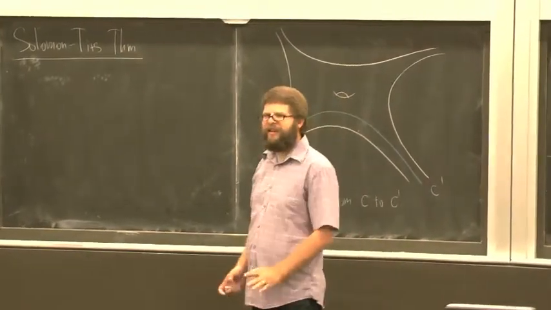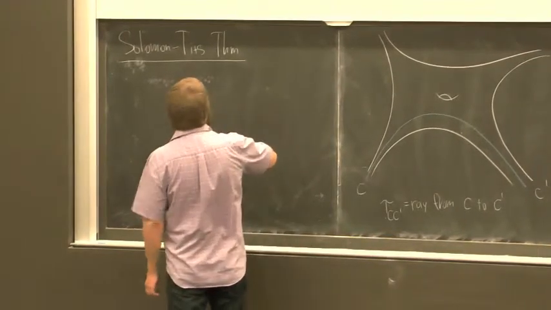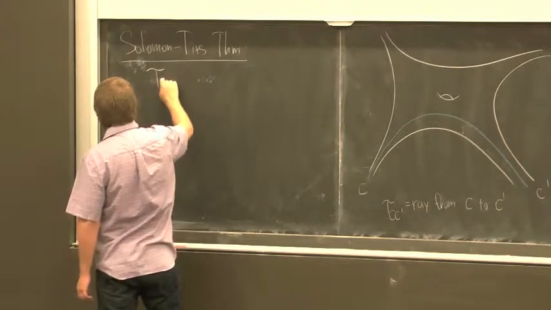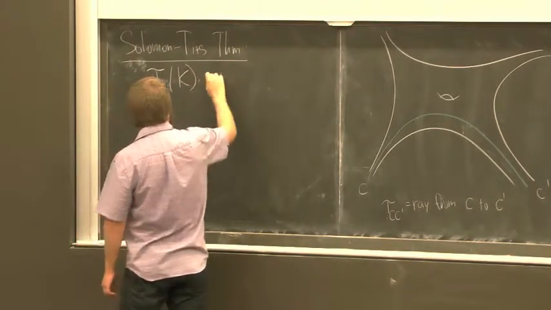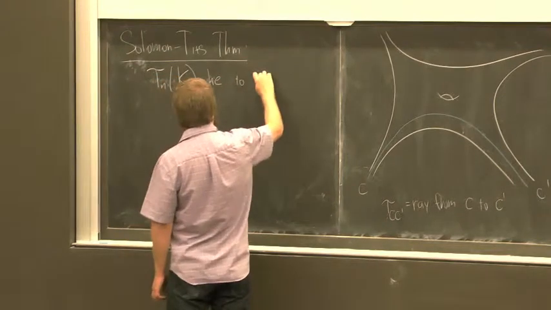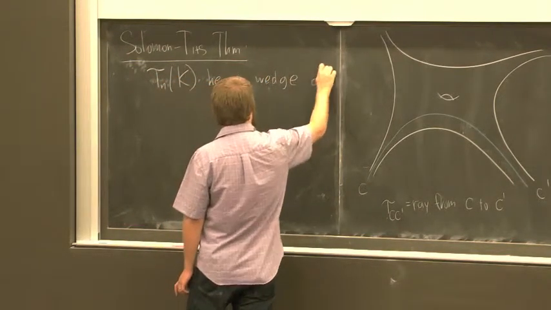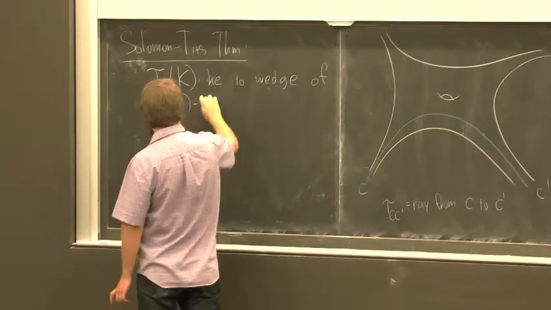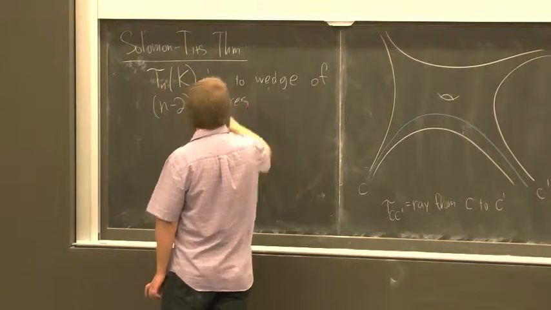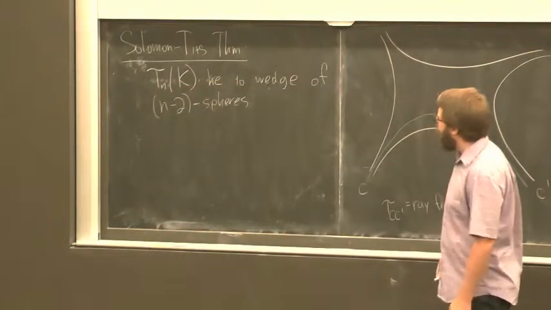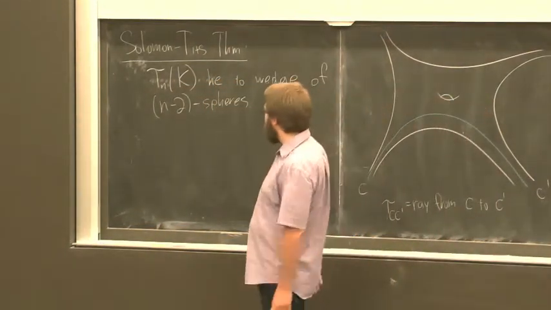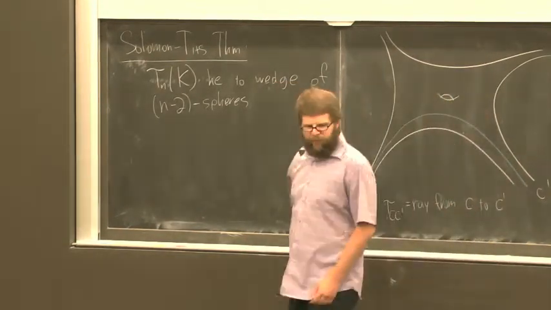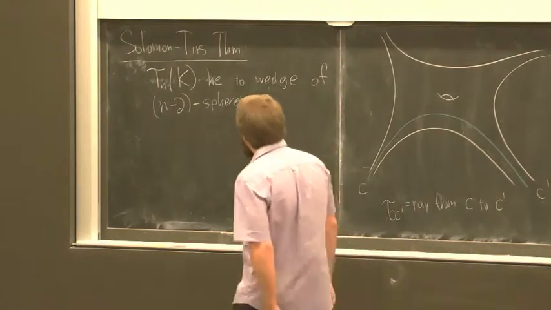So it's 1 less connected than its dimension. Another way of saying that is that this space T_n(K) is homotopy equivalent to a wedge of the top dimension, which is n minus 2 spheres. And so it has exactly one non-zero reduced cohomology group. And that's what's called the Steinberg module.